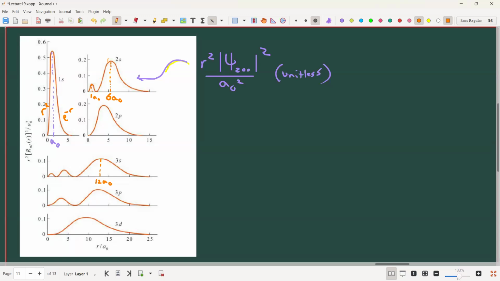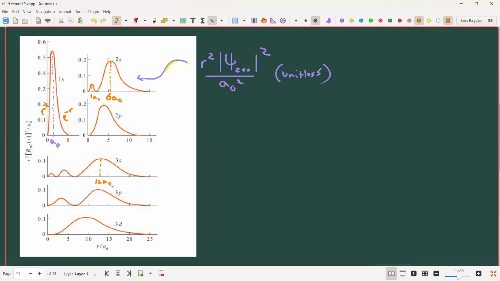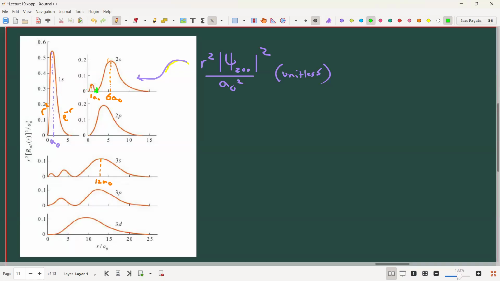Now, one thing that I find very interesting is the progression from 2s to 2p. 2s has 1 node. Well, it has 2 nodes, because the other one can't be at the center. So it's got 2 nodes, but 2p only has 1 node.